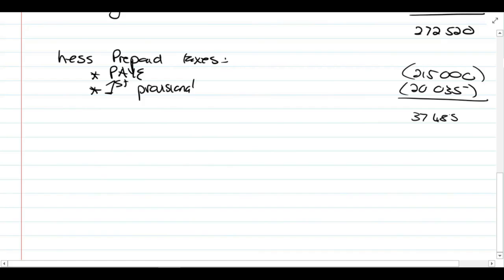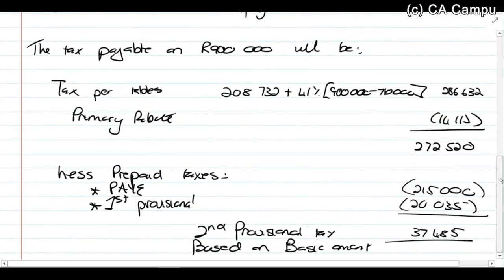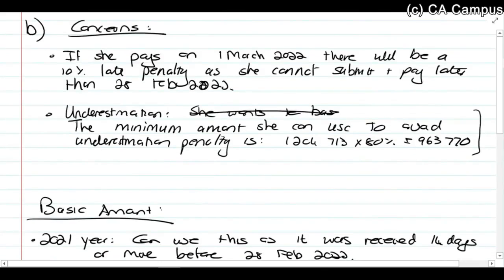This is our second provisional based on the basic amount. So the taxpayer is going to base it on the basic amount and pay 37,485. Our concern is that there is an underestimation.